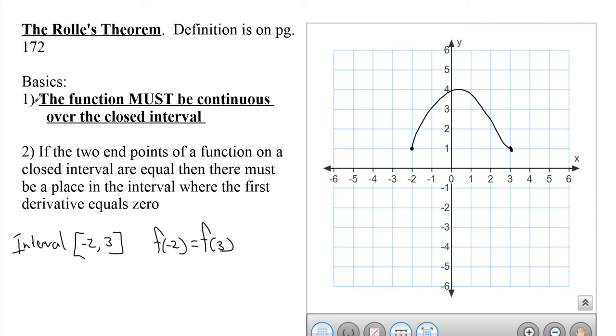Now, since it is continuous, there are no obvious discontinuities, and the endpoints of the closed interval are equal, there must be some value between -2 and 3 where the first derivative is equal to 0. And obviously, at this point right here, I could draw in a horizontal tangent line. There is how we can see for sure that Rolle's Theorem applies.